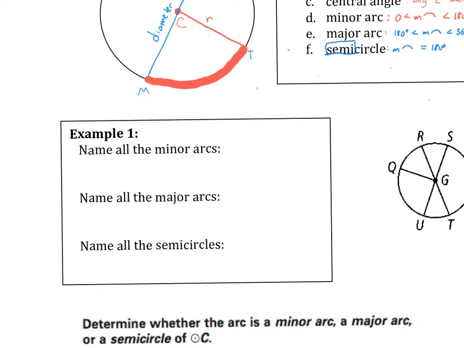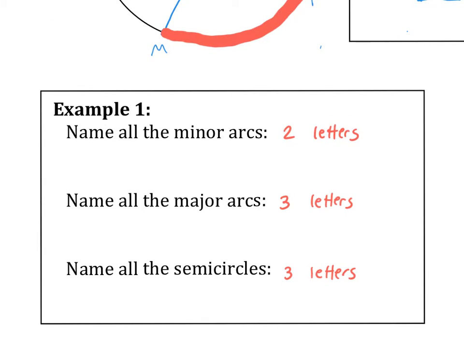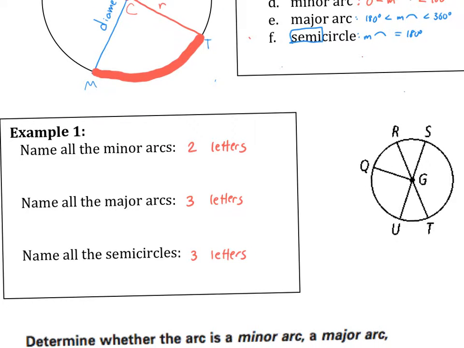Naming arcs. Just to give you a heads up, minor arcs need two letters. Major arcs need three letters, and so do semicircles. Minor arcs are arcs that are less than 180 degrees, so less than half the circle.